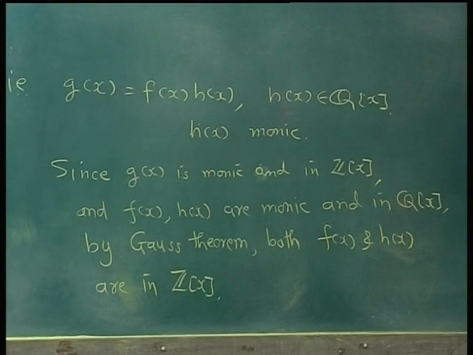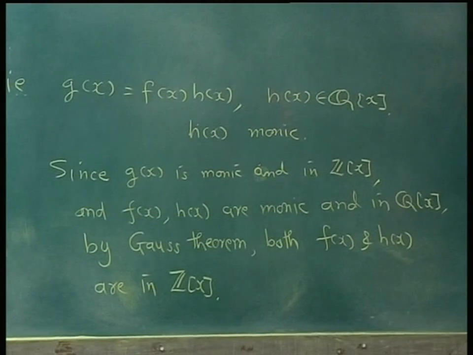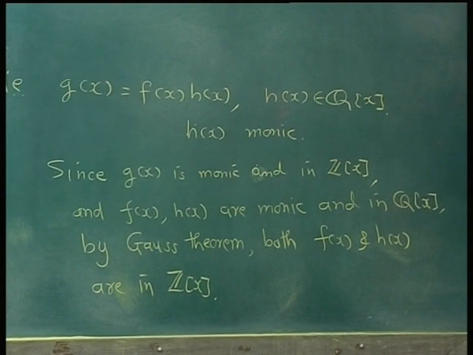This shows that the minimal polynomial of an algebraic integer has coefficients in Z.